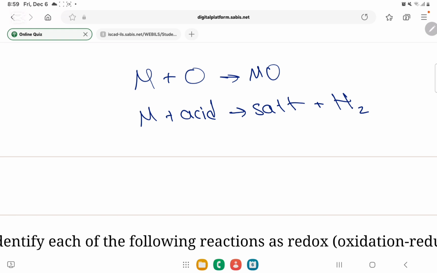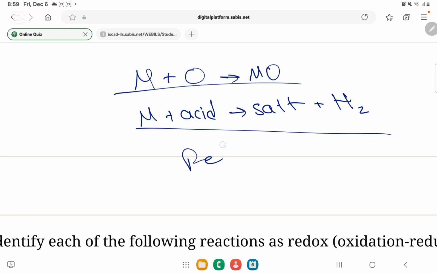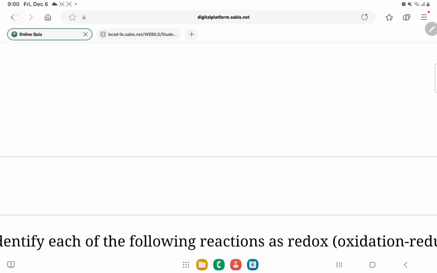These 2 are normally redox reactions. But it's better if you find the oxidation number of each element and check if they increase and decrease and go through oxidation and reduction. But if you don't have enough time, just memorize these 2, and if you find them in the options, just select them as redox reactions, okay?